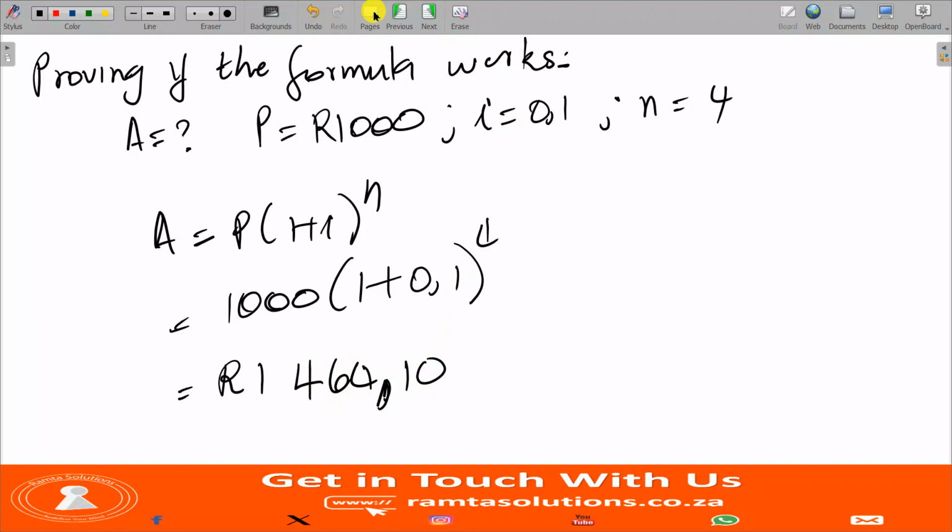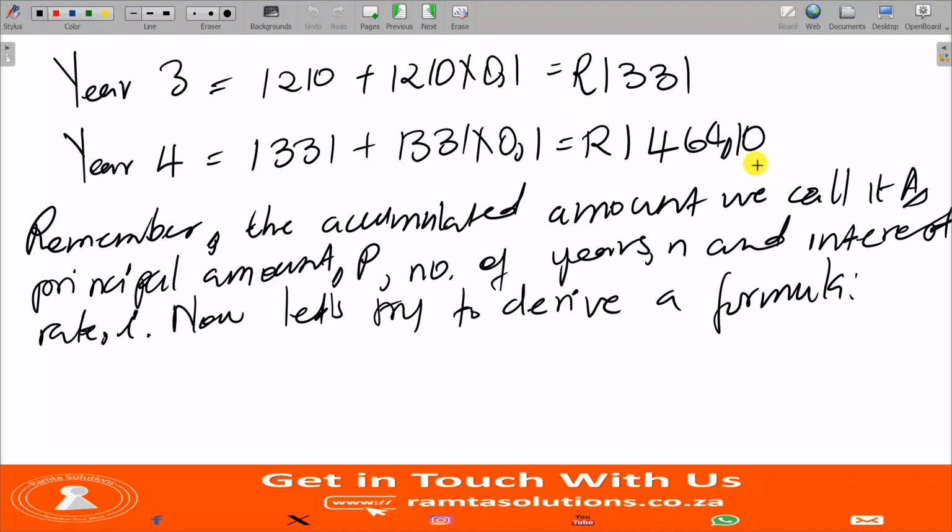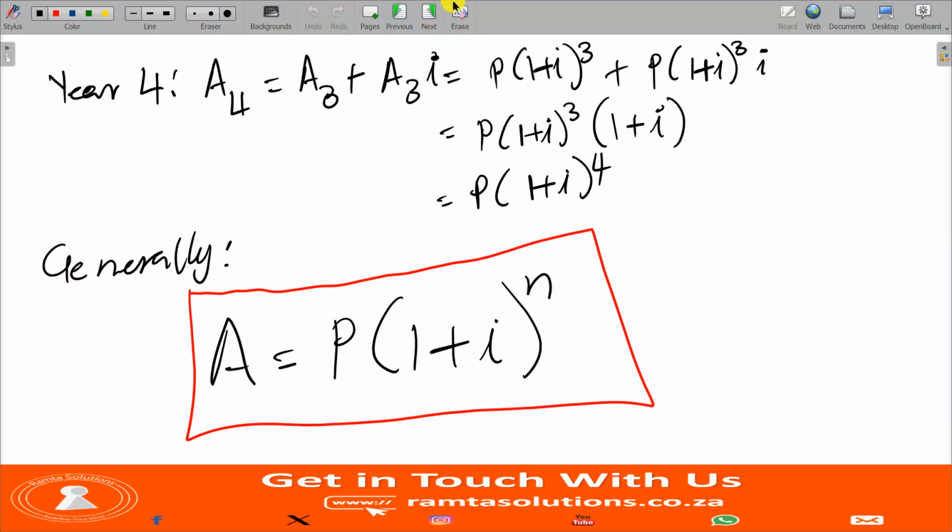Let's go back to check. Here it is: 1,464 rand and 10 cents. So it means the formula is working. Now guys, this is one of the reasons why you are doing mathematics. When it is a long procedure manually, you can come up with a formula that will simplify things.